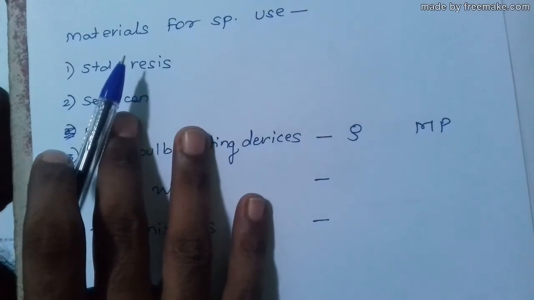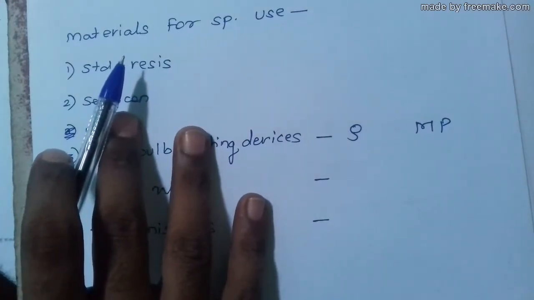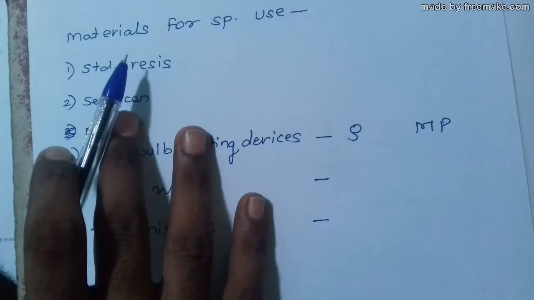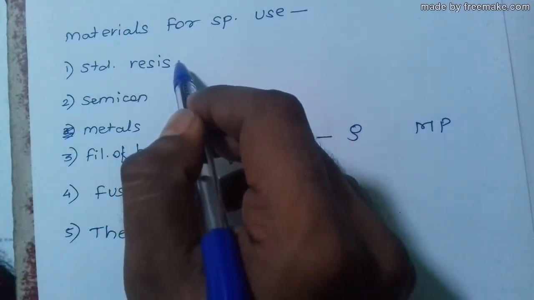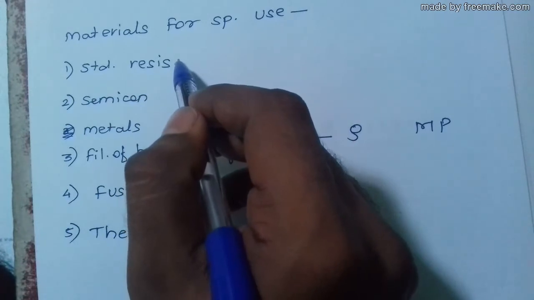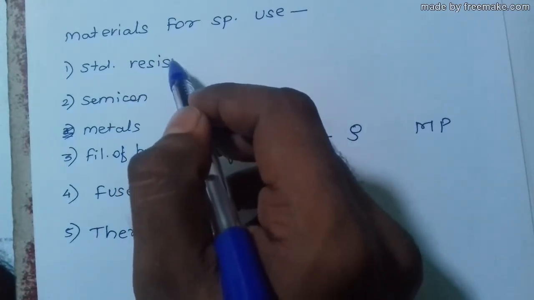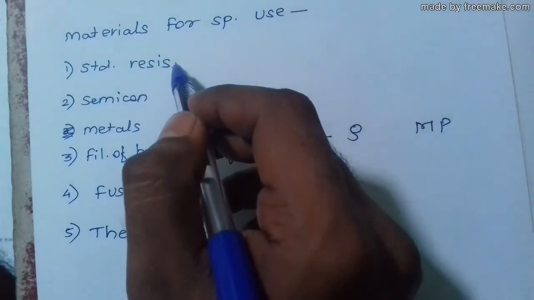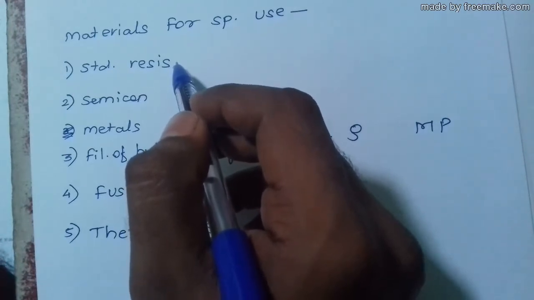So standard resistances in the lab are made up of nichrome, manganese and constantan. Why? Because their resistivity or their resistance is almost independent of temperature. So even if temperature changes, their resistance remains the same.